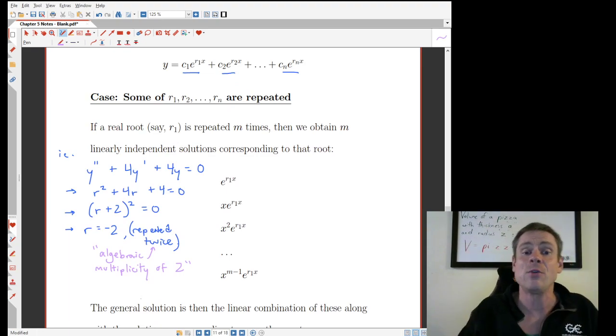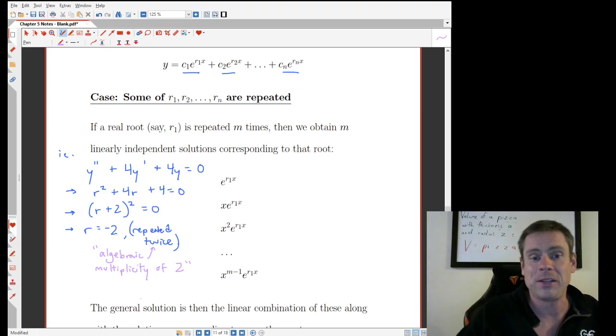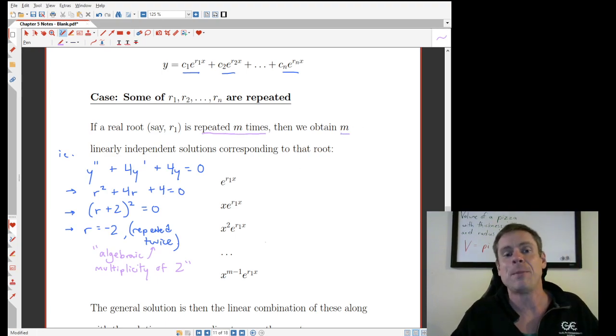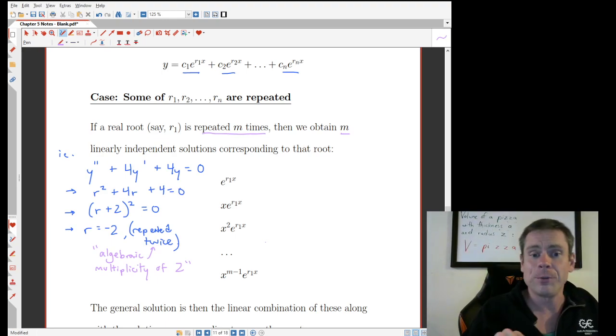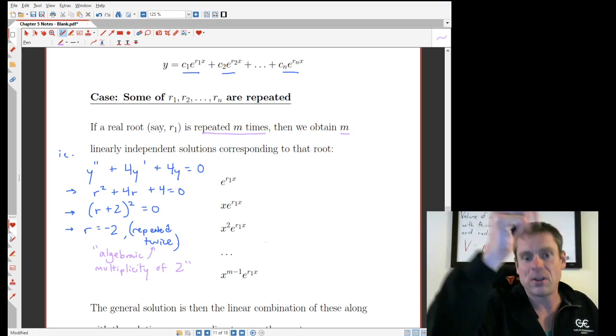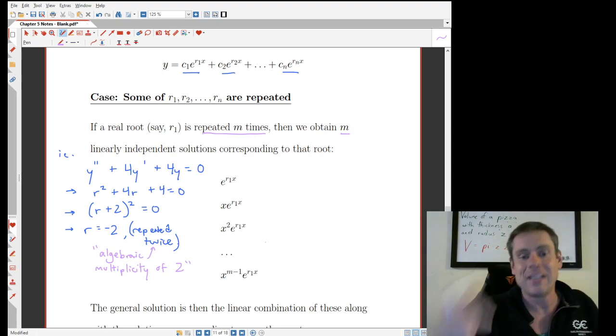But in the case that you get even higher multiplicity, if you have that a root is repeated m times, then you need m linearly independent solutions corresponding to that root. So when we had 2, you would get e to the root times x, and then x e to the root times x. We would get these first two.